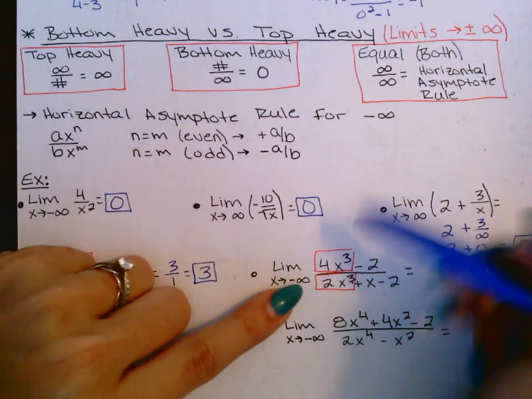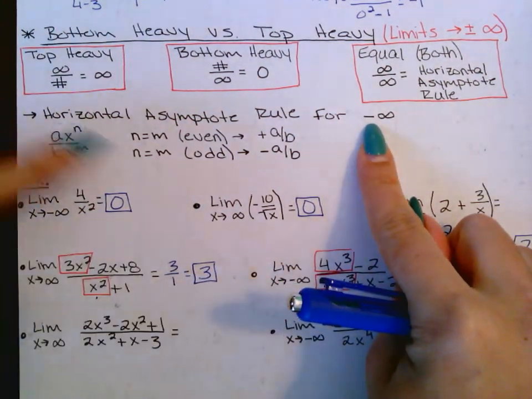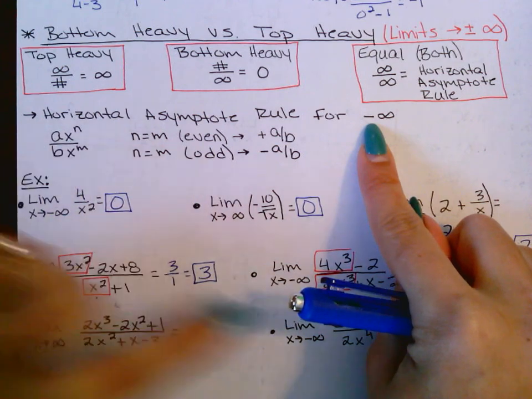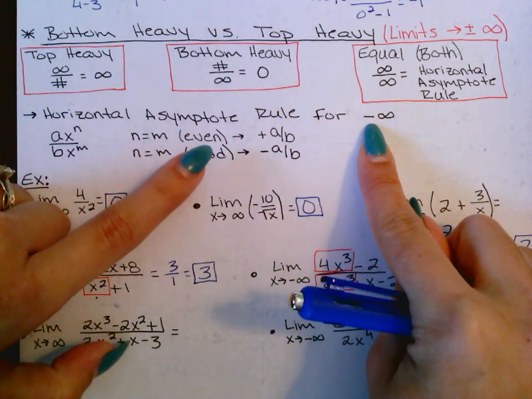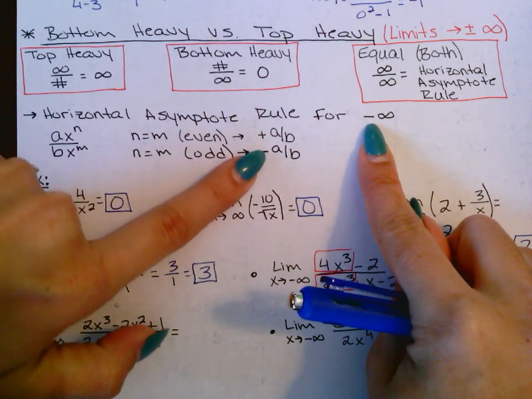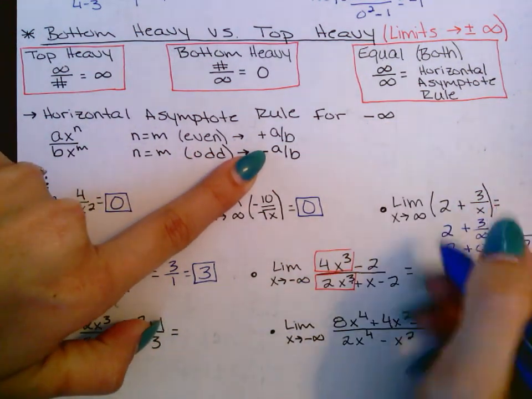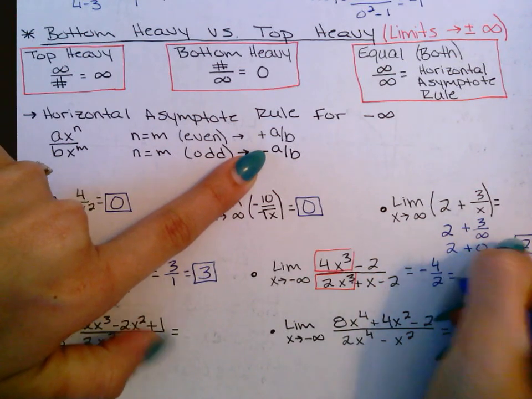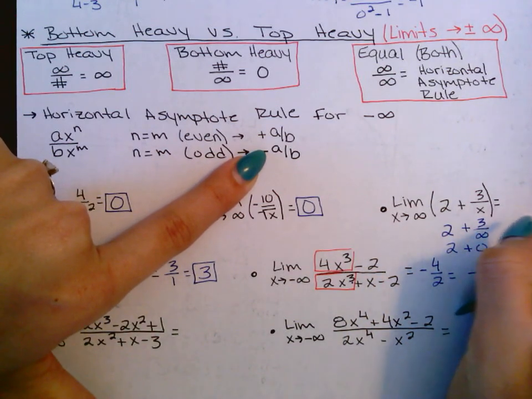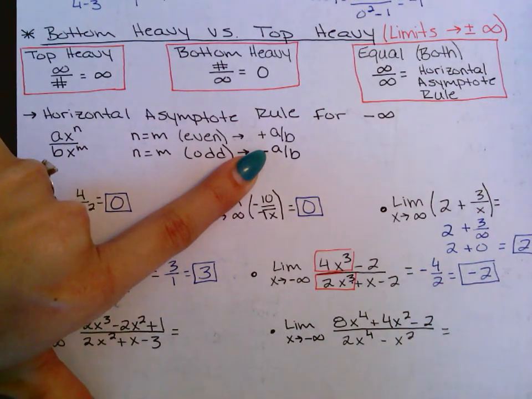But I'm plugging in a negative infinity. So I have to see, are those exponents that are equal, the 3's, are they even or odd? Because 3 is an odd number, I need to keep that negative from my negative infinity. So it'd be negative 4 over 2, which is just negative 2. Okay?